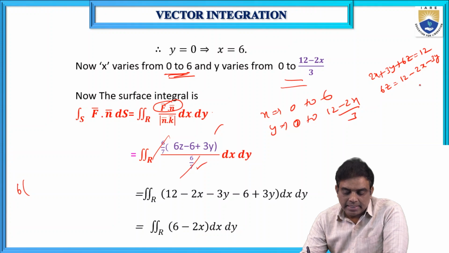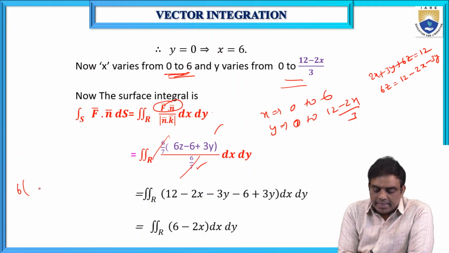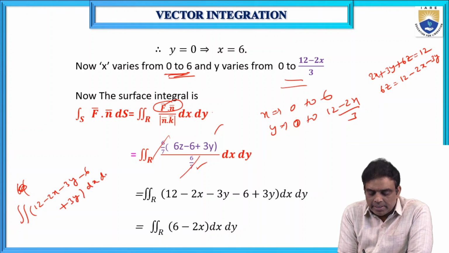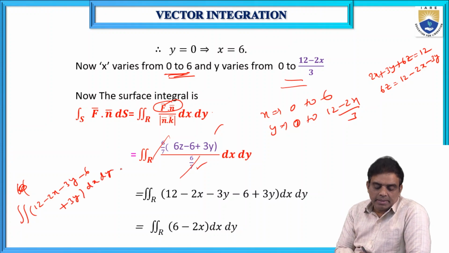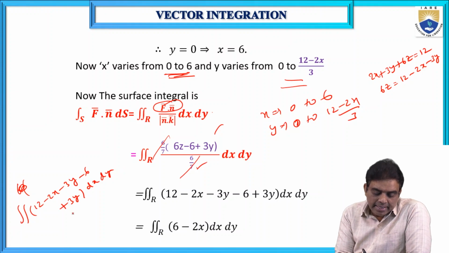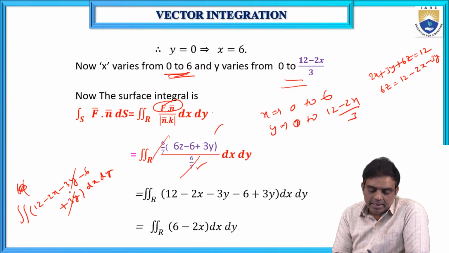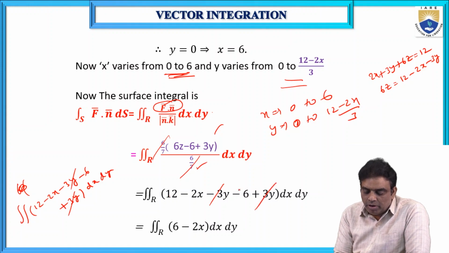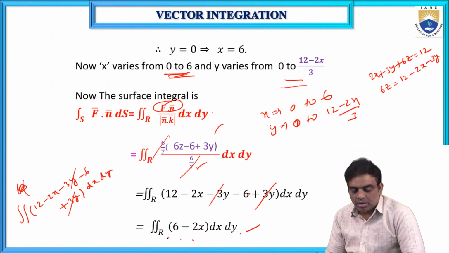So 6z means 12 minus 2x minus 3y, minus 6 plus 3y, dx dy. I missed one step, so rewriting: the 3y gets cancelled, leaving 12 minus 6 minus 2x, dx dy over the region R.